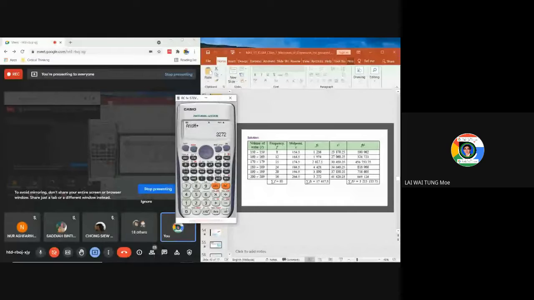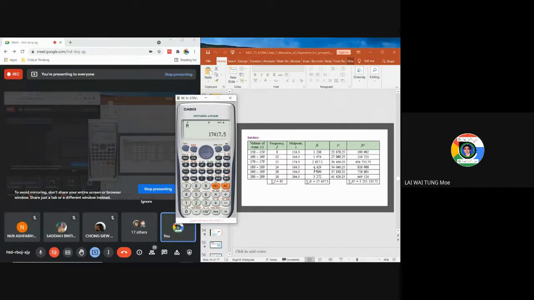Oh, sorry, I think I need to press this one first. So now you press the alpha button, and then you press the M button again. And you will get the answer 17417.5, which is this one. So it saves your time to re-add all these numbers together.